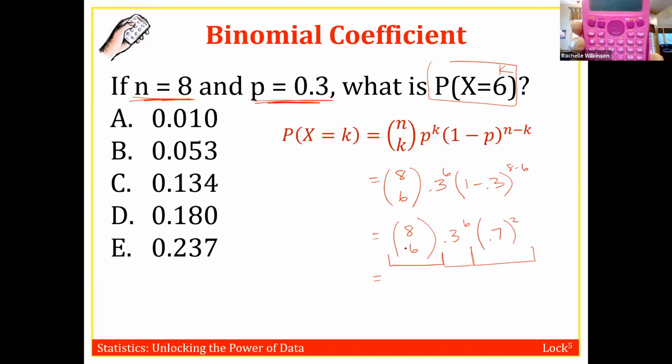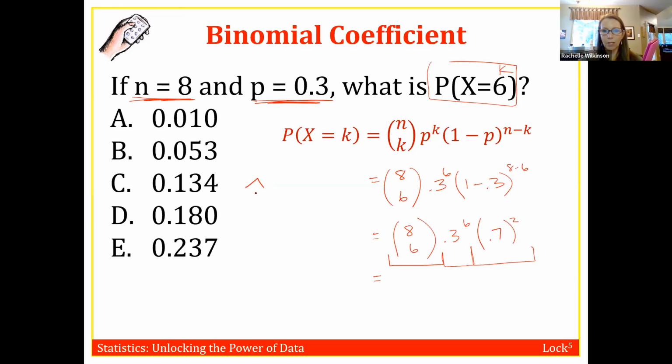All right, this might be another button that you might have to find on your calculator if you haven't used it before. On the Casio, it's this X with the little box by it right here. Okay, so I would put in 0.3, then I hit this little X with the little box by it, and I put in the 6. If you have a TI, it might look like a caret, so like this.